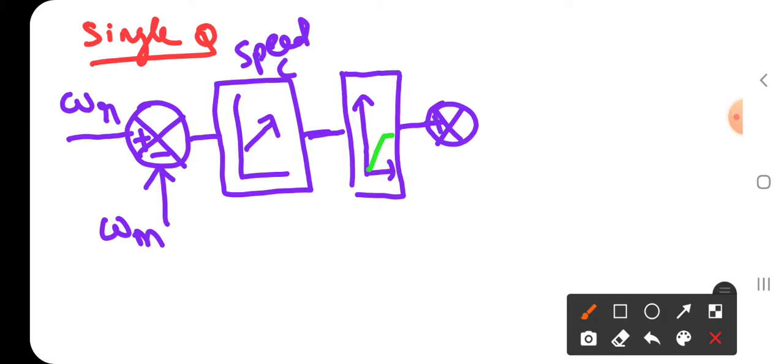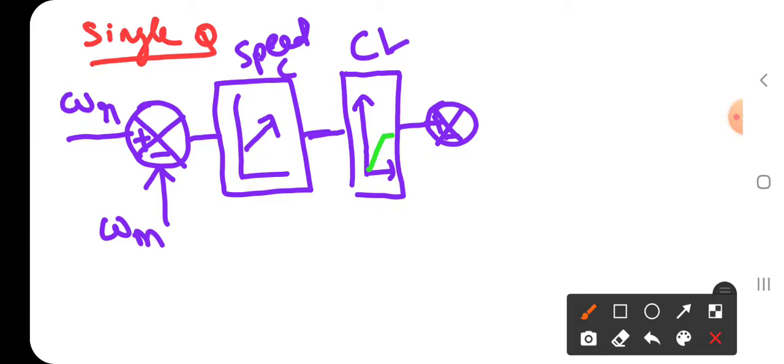We will supply this current and take the feedback. This block represents the current limiter, CL.